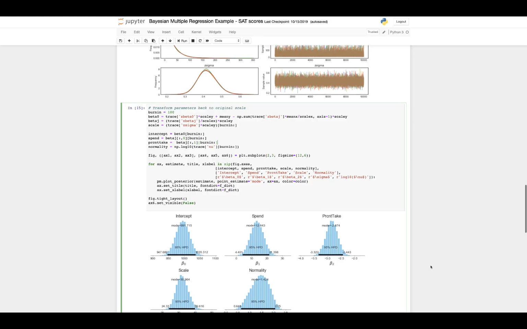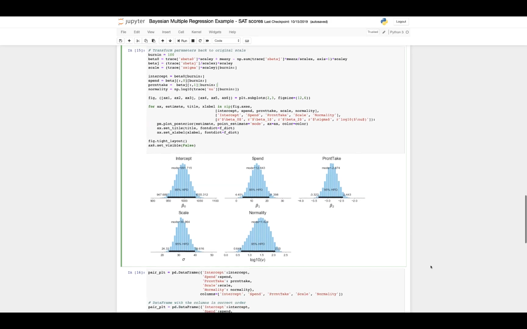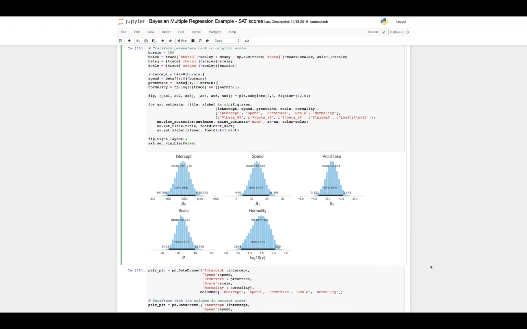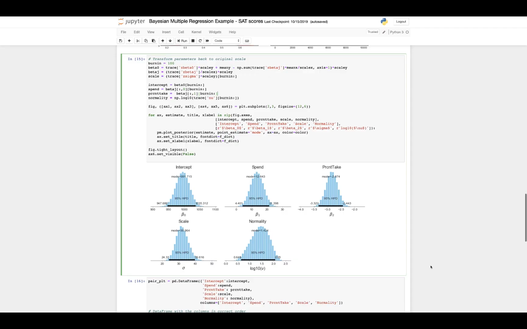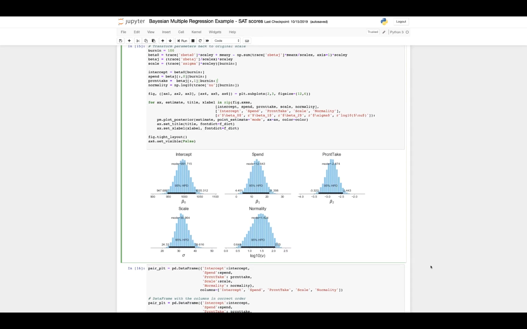This code just transforms those results back to our original scales so that we can actually say what the results mean in terms of the original scales for these variables. So you can see that the intercept looks pretty good. It looks like the intercept is right around 1,000, somewhere around 999 or 991 for the mode of that.